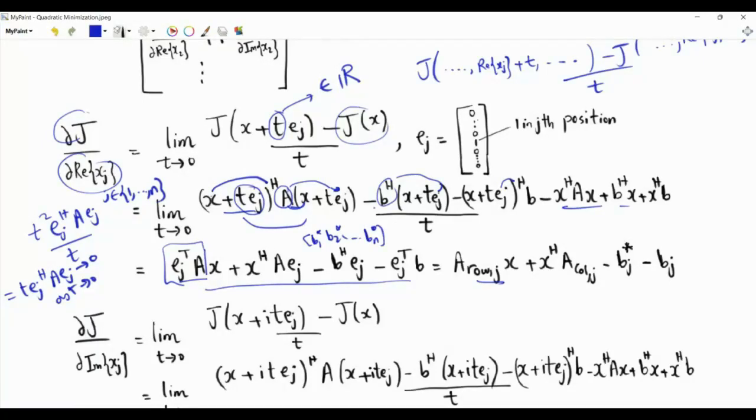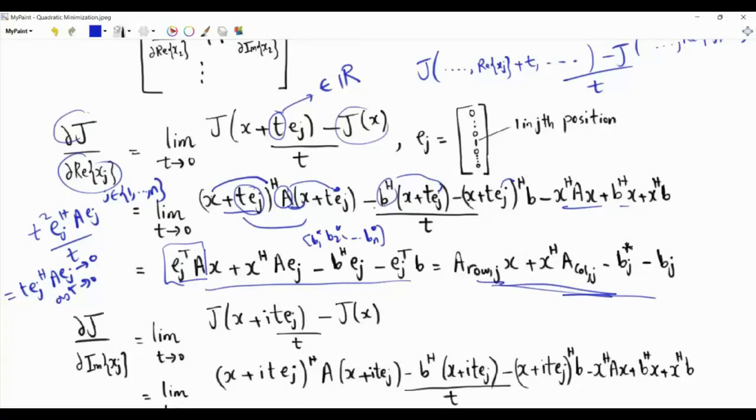And then we multiply it from the right by this vector, so we will pick the component bj conjugate. e_j transpose times b will give us the jth component in vector b. Okay, so this is the partial derivative of J with respect to the real part of the component x sub small j in vector x, which is the vector of our optimization variables.